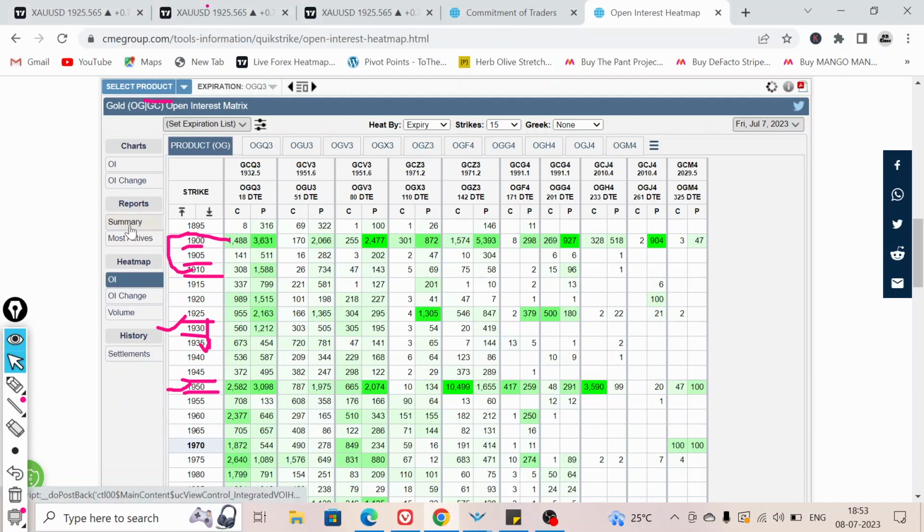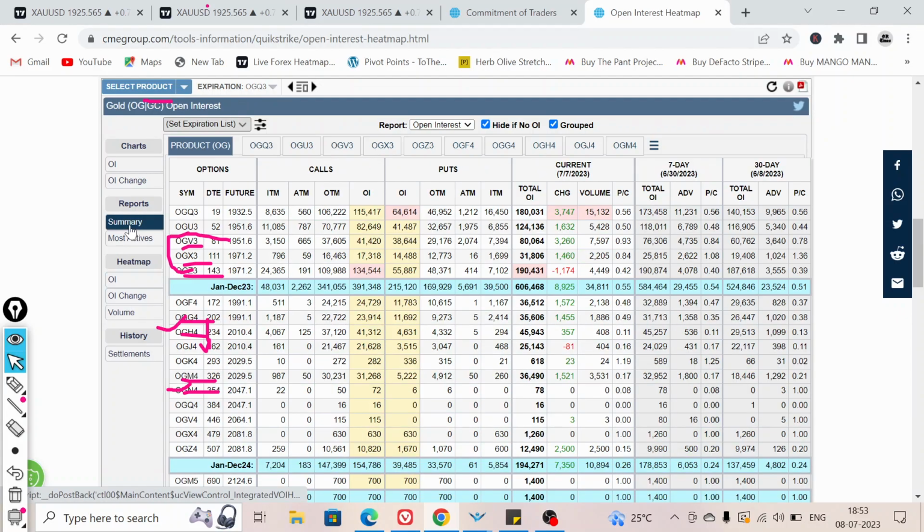Also, if we look at the current PCR ratio summary for the current week, for the nearest expiry the PCR ratio is 0.56, and this is currently looking somewhat bullish. So we can't look for sells until it breaks down the recent imbalance print that I already discussed.